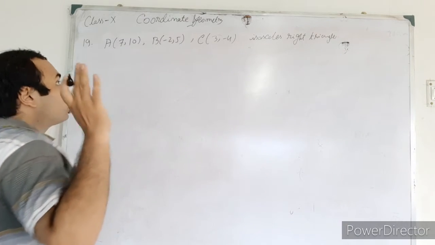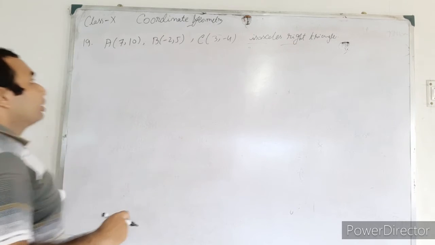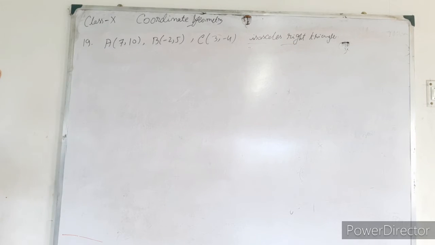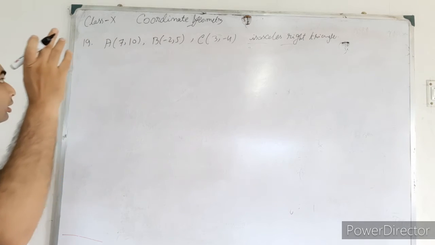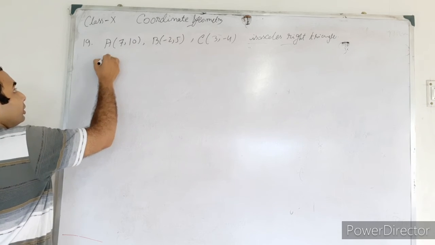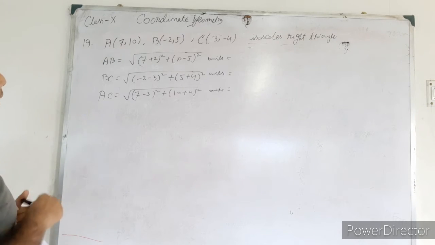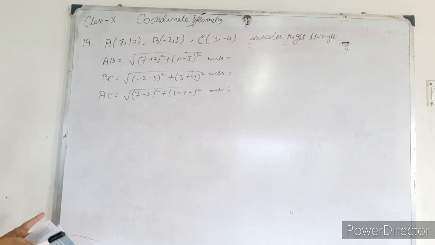So two facts are here. One is isosceles, another is right triangle. First of all, let us find the measurement of the sides of triangle ABC. So we have to find the distances AB, BC and AC.